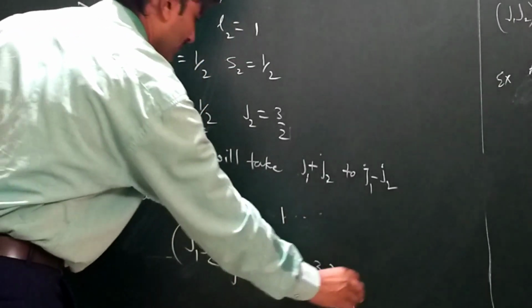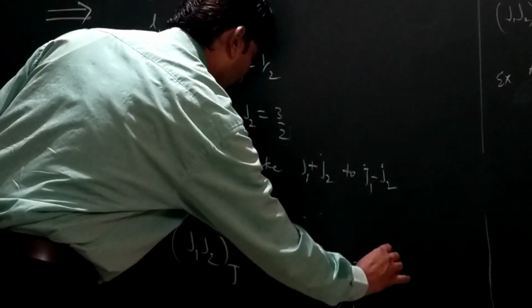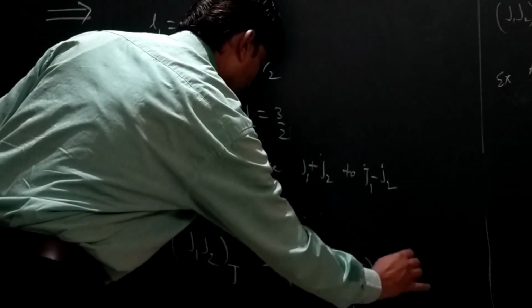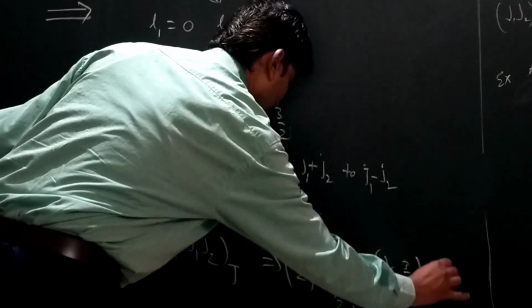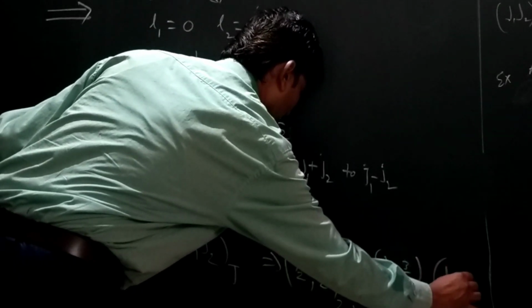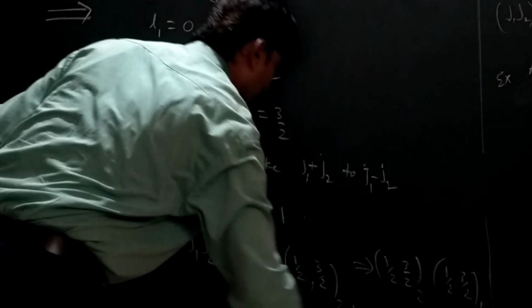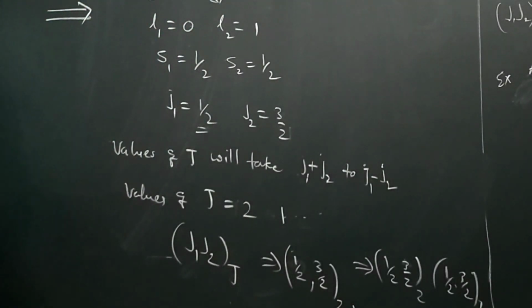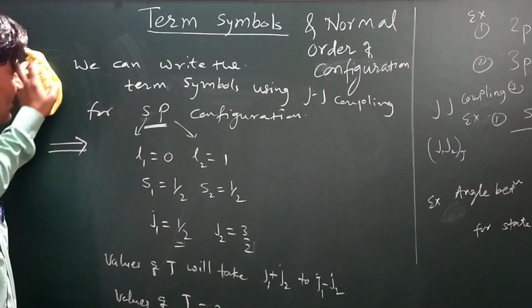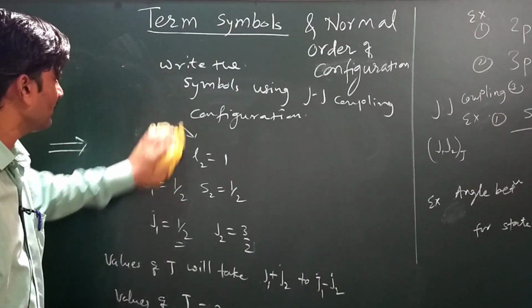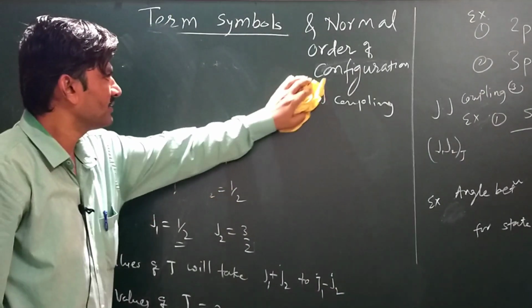You can write these values, or write separately 1 by 2, 3 by 2, that is 2, and 1 by 2, 3 by 2, that is 1. So in this case we can write these values for any electronic configurations. Okay, clear?